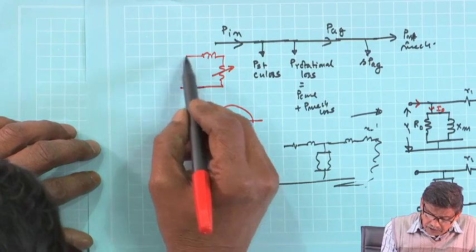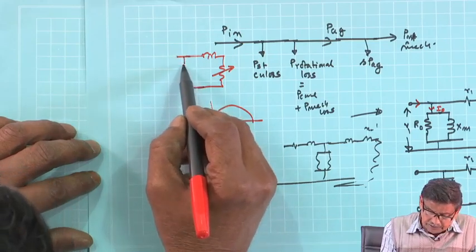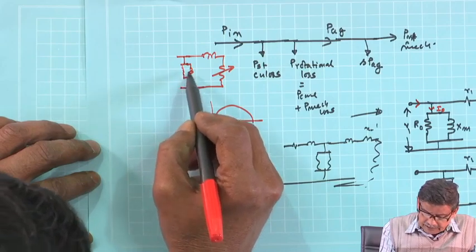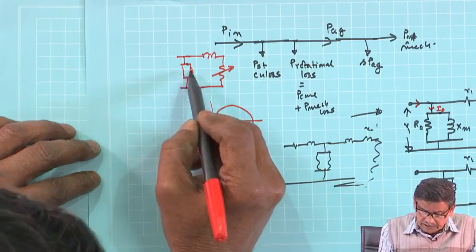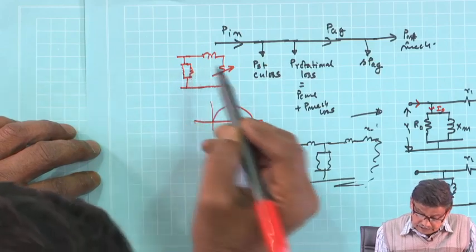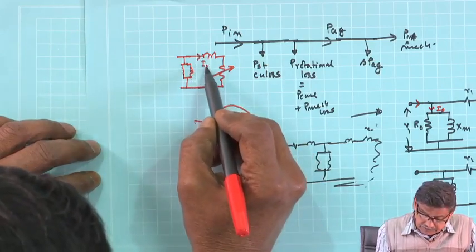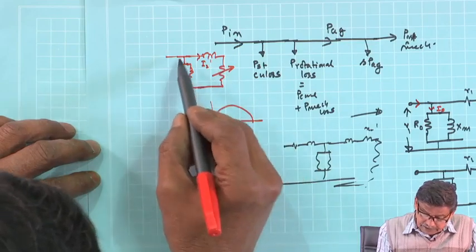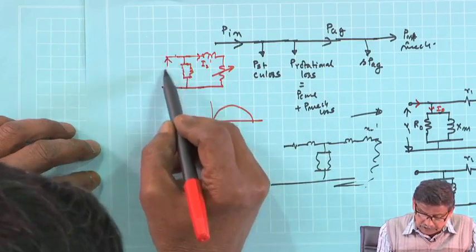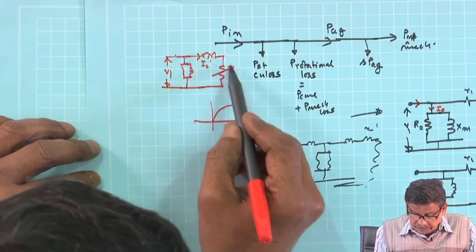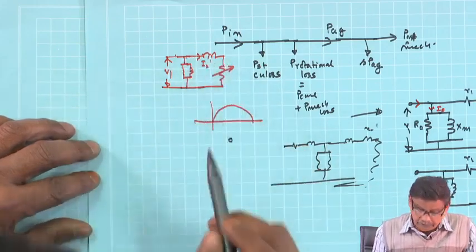If you now keep a fixed branch here like this, there is no variation neither of this resistance nor of this reactance. So, this current is this I 2 dashed, but this is in parallel with the supply voltage. This fixed branch is in parallel with this variable resistance branch.